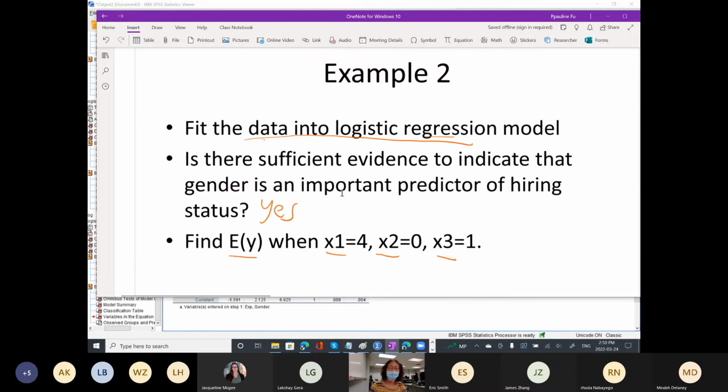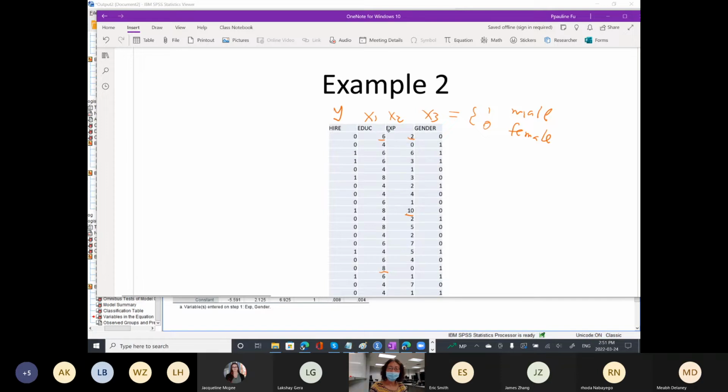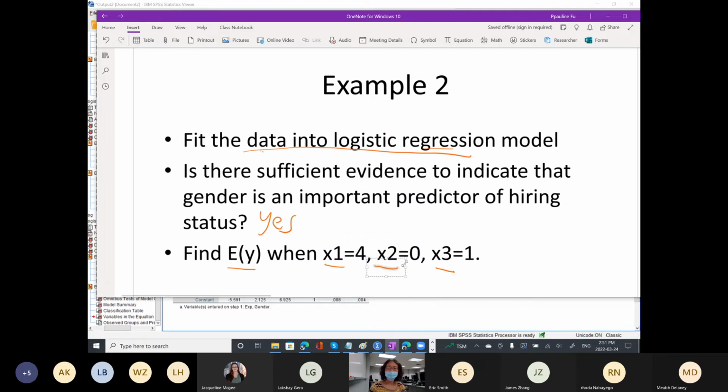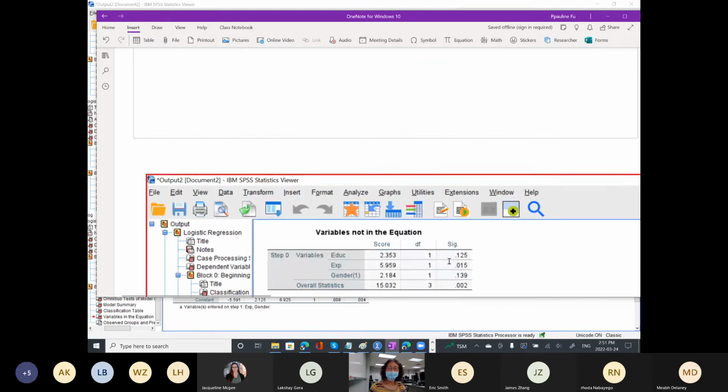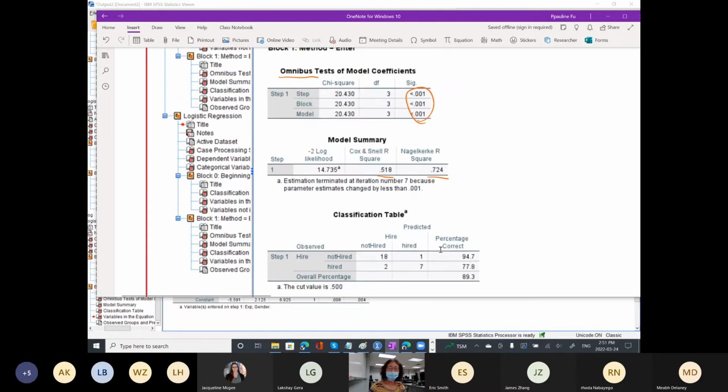And question 3, find EY when x1 equal to 4, x2 equal to 0, x3 equal to 1. Remember what our x1 represents? Our x1 represents education. We actually deleted that variable, so we just need to plug in the x2, x3 variables. x2 is 0, x3 is 1. x2 represents working experience, x3 represents gender.